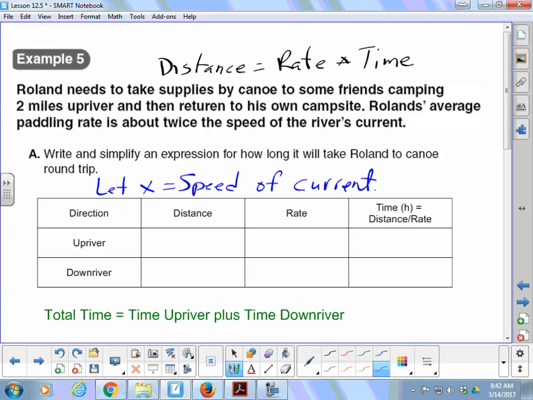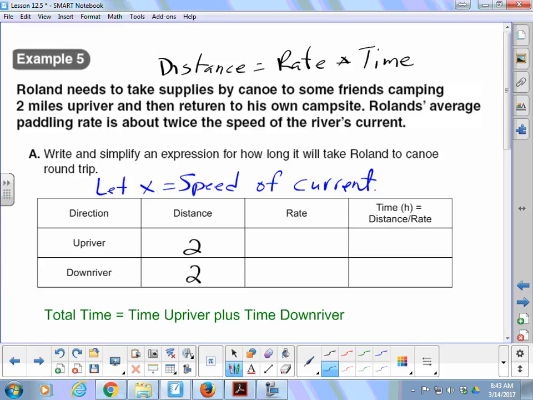All right. So we're going upriver and downriver both ways, so we're going 2 miles each way. The distance doesn't change. Now it's your speed that matters here. It says that he can paddle twice the rate of the current.